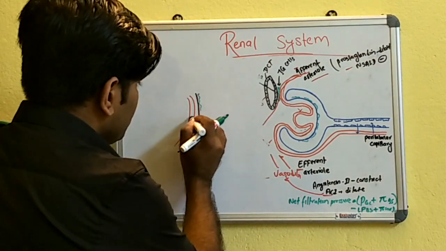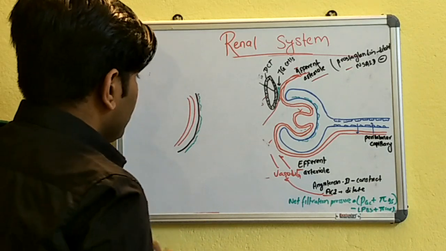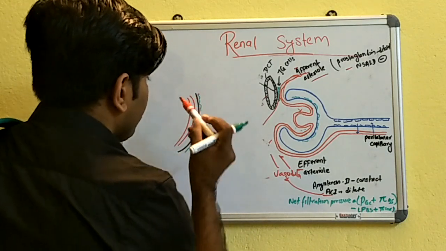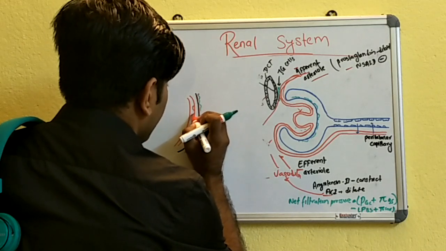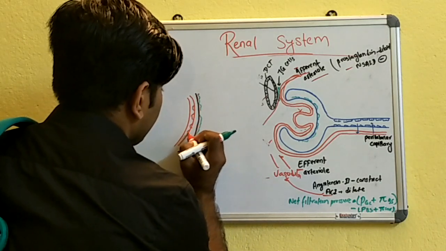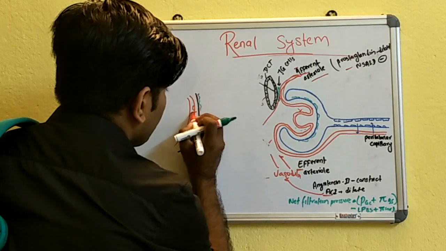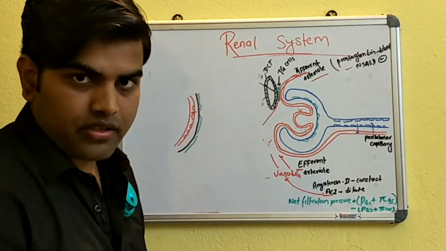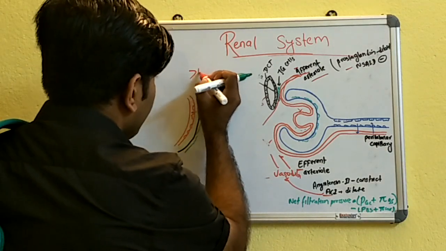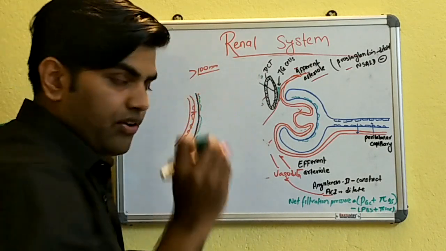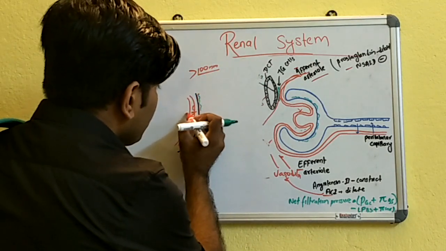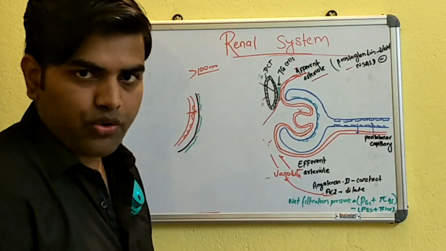You see, this is your endothelium, which is fenestrated, so molecules can leak through it. It cannot pass molecules more than 100 nanometers, but less than 100, this fenestrated endothelium can pass solutes.